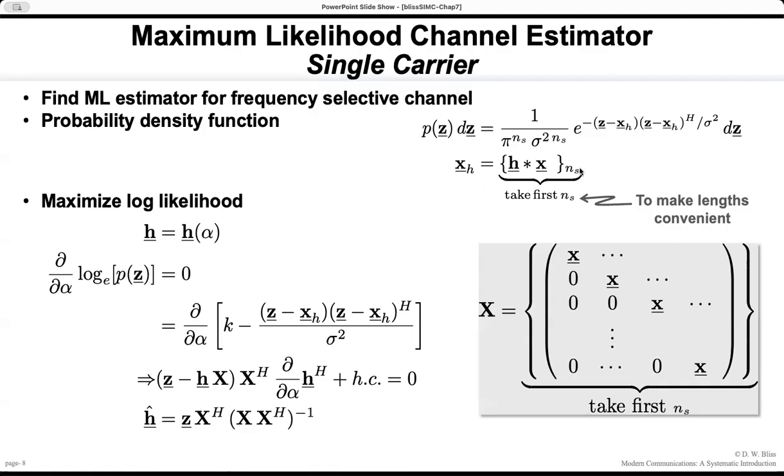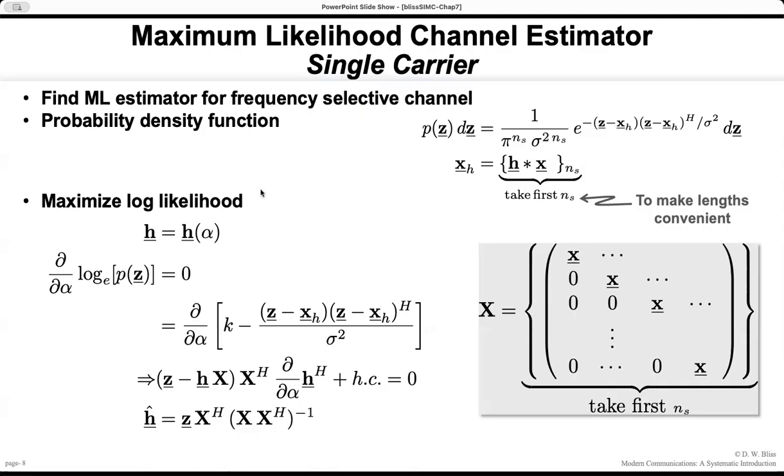So to do that, you might naively go, well, I'll just take the derivative with respect to h. Well, it's a little problematic because h is a vector, but you can do that. You can take the derivative with respect to vectors. But a more complicated problem is that h is a vector of complex parameters. And taking derivatives of that is not well defined.